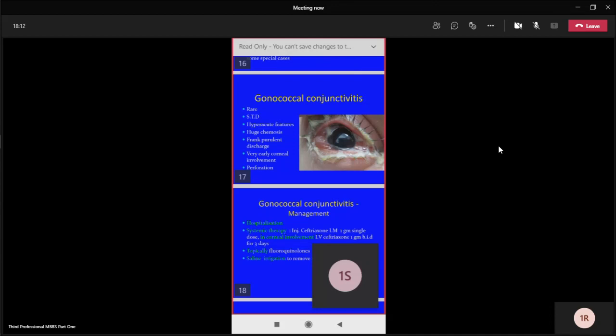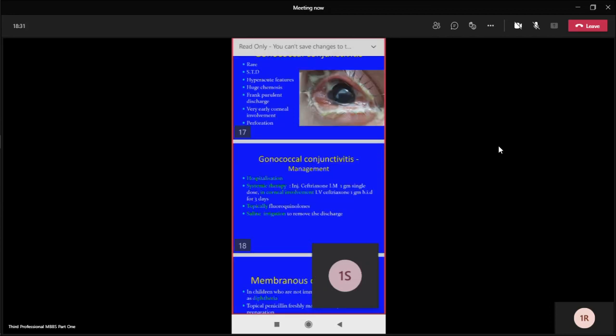It is started at 5 minutes interval. Next, half hourly. When the condition resolves, reduced to hourly or 2 hourly. With frequent irrigation of the discharges to debulk the conjunctival load of bacteria.